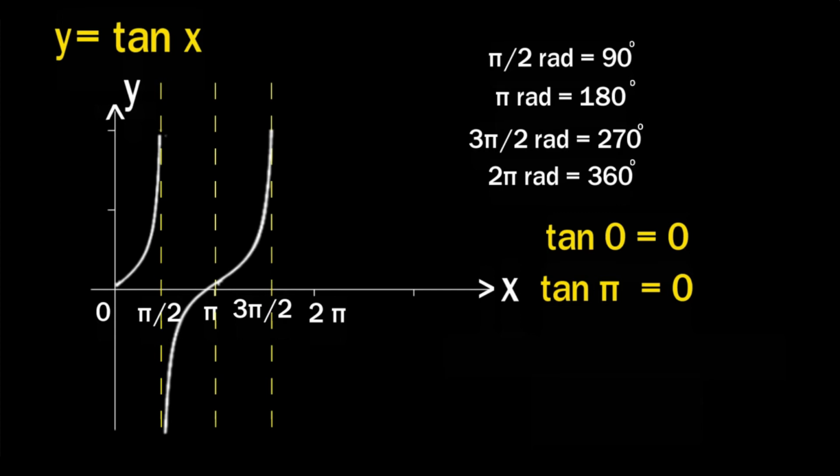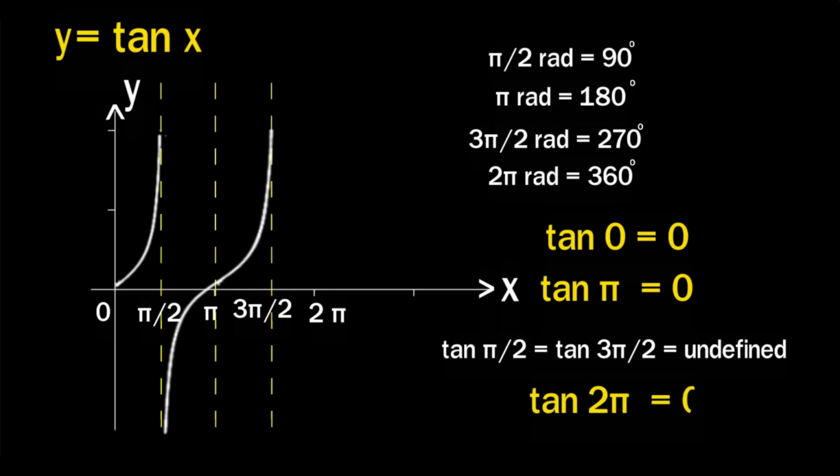If you press your calculator, you will realize that tangent pi over 2 and tangent 3 pi over 2 are actually undefined. And finally, we have tangent 2 pi, which also gives you the value of 0. So you draw like this. So this is the graph of tangent x.